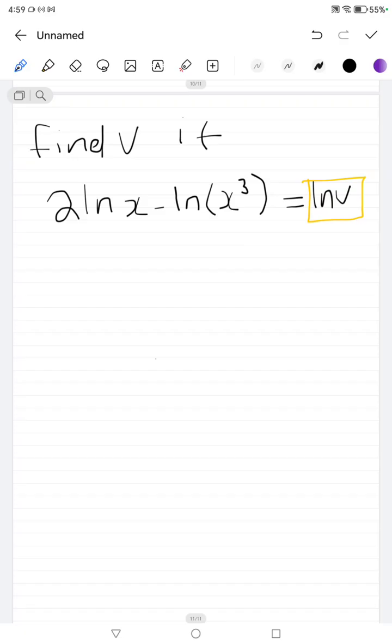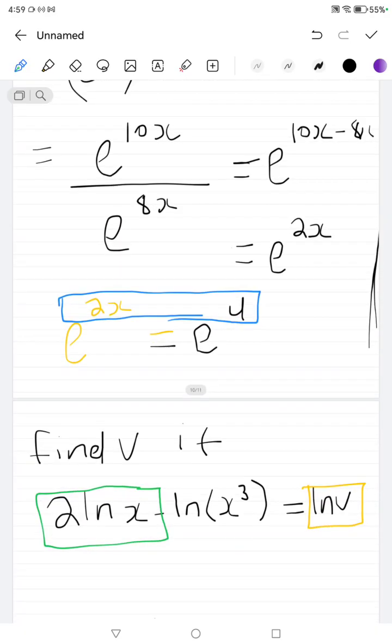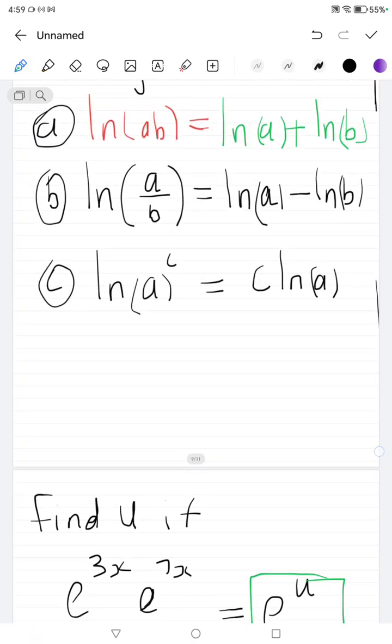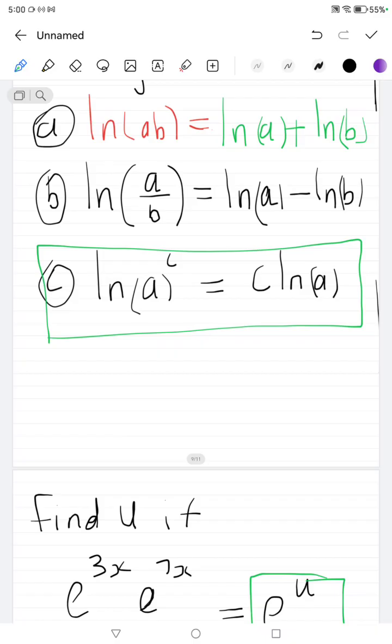Are you guys able to see that this one, they've used that rule where I said they like to use it in most of the questions? That's basically this rule. This is where the 2 was, where it was the c, and they've replaced this side.